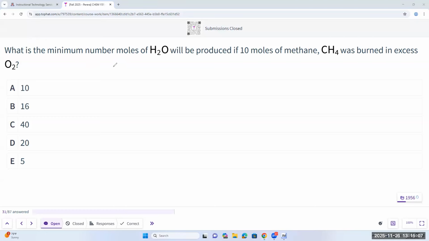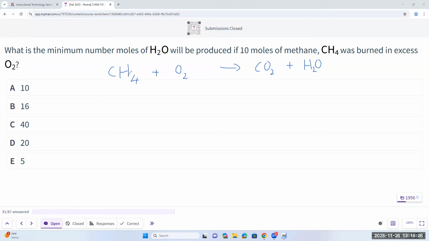You're gonna need that. You will be given the balanced chemical reaction, or maybe the chemical reaction at least, so that you can balance it. So when CH4 reacts with oxygen, it produces CO2 and H2O.